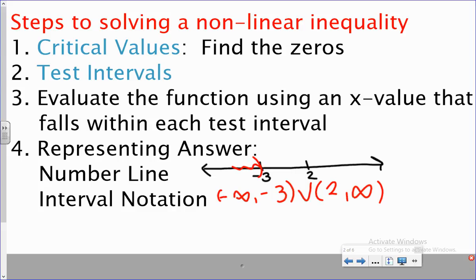From negative infinity to negative 3 and from 2 to infinity. That would be the number line notation. Instead of open versus closed circles, we're still going to be consistent with our brackets and parentheses.